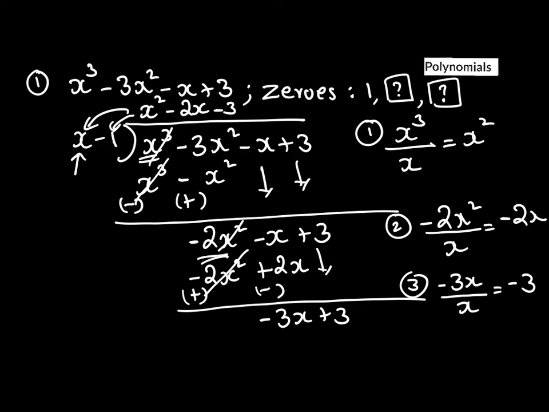And we carry out the division process. X times minus 3 is minus 3x. Minus 1 times minus 3 is plus 3. We change the signs. In other words, we subtract and we get 0 as the remainder. So when we divide x cubed minus 3x squared minus x plus 3 by x minus 1, we get the quotient x squared minus 2x minus 3.